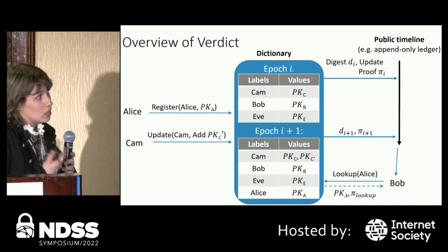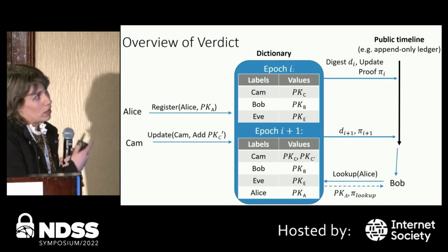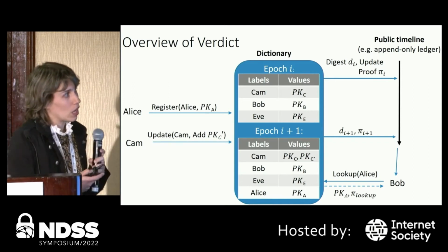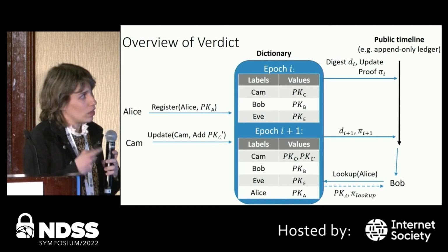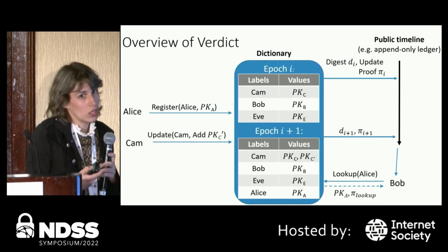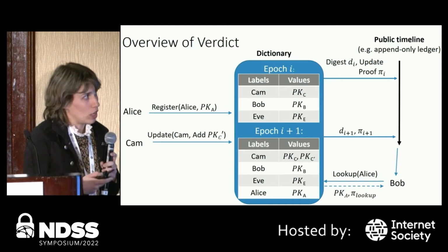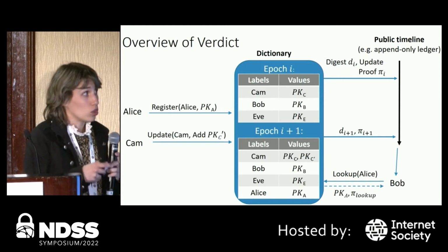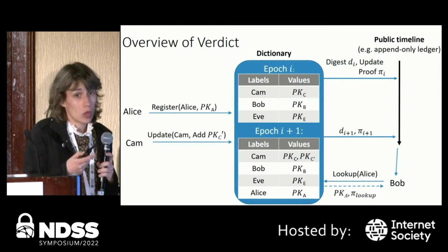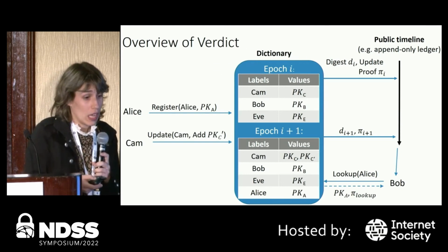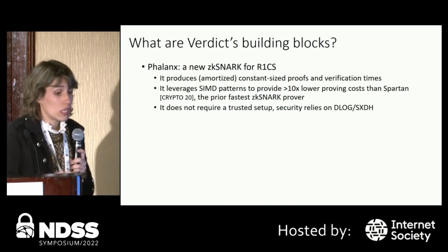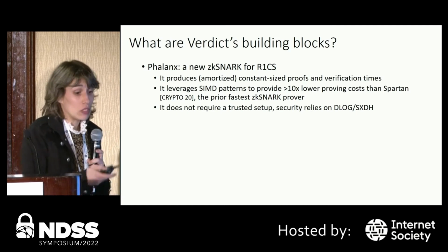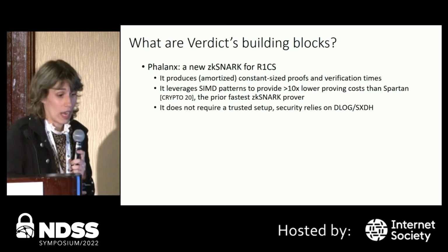In order to make this whole system practical, we have created a new SNARK and a new cryptographic accumulator. These are both contributions that are of independent interest, and I'm going to talk about them briefly. First, we designed a new zero-knowledge SNARK that meets Verdict's requirements, which we call Phalanx.